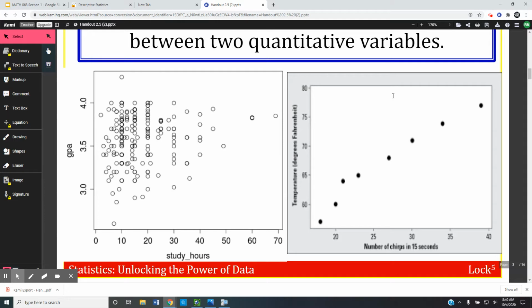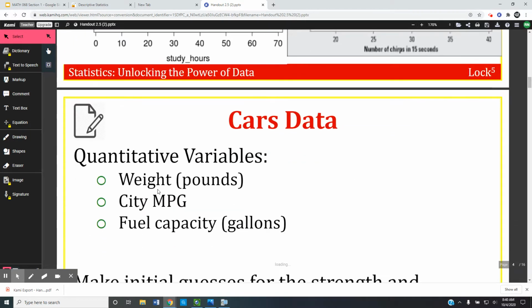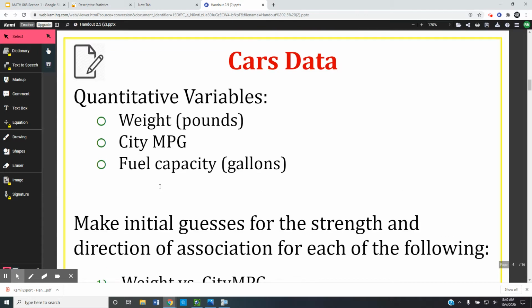Remember, the explanatory variable is always on the x-axis if we're looking to make an association between an explanatory and a response. When we talk about cars, for instance, quantitative variables could be weight in pounds, city miles per gallon, or fuel capacity in gallons. These are all quantitative variables that could be measured.